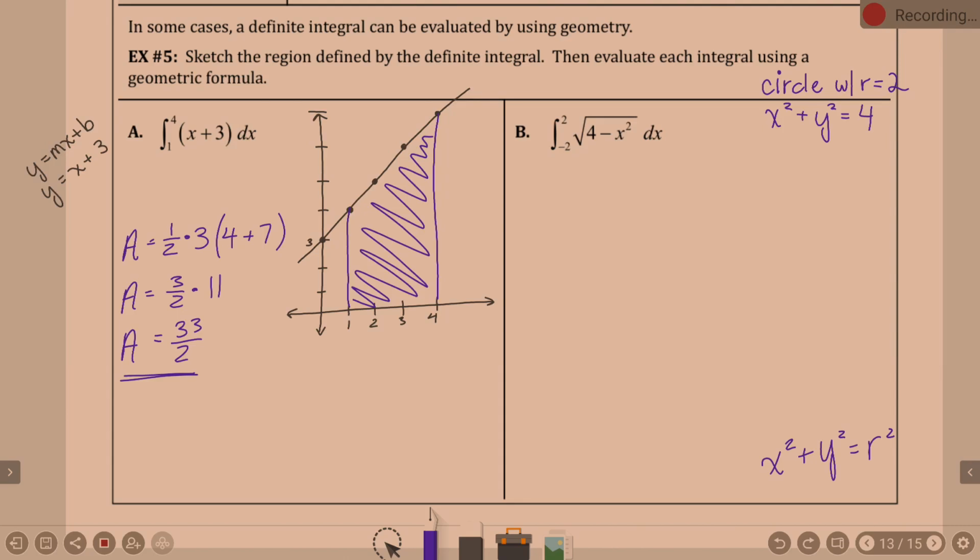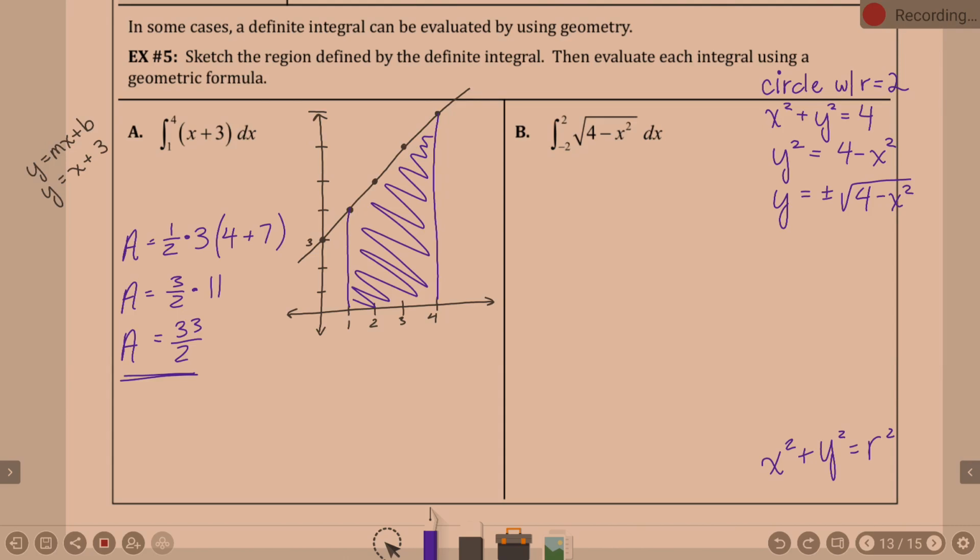Get it. Now, so when you see this, x squared plus y squared equals 4, realize, okay, y squared is 4 minus x squared, right? And then y is plus or minus the square root of 4 minus x squared. Now, why is there a plus or minus? Did you take the square root?